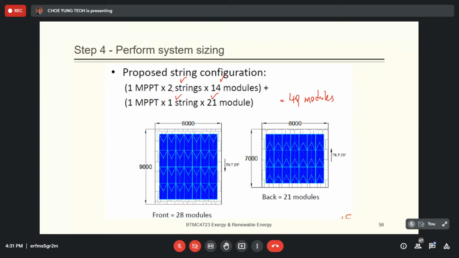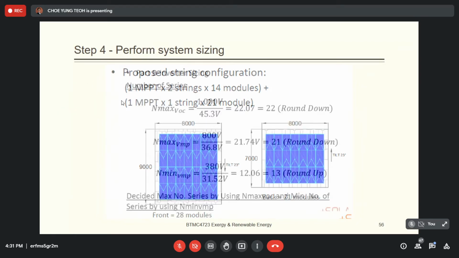These 2 strings both have 14 modules, so I just need 1 maximum power point tracker, because both of them will give the same output voltage. But this one will give a different output voltage, so it cannot be the same. So it means that I need 3 inputs. 1 string is equivalent to 1 input, and I need 2 MPPT based on this arrangement.